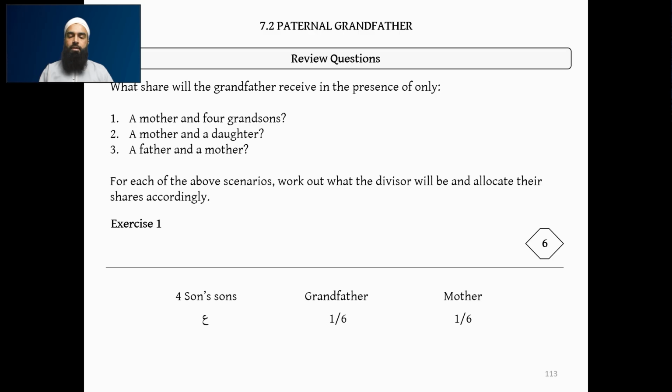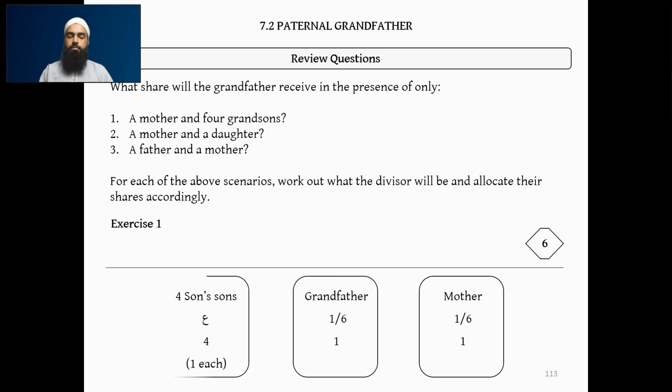We give mother 1/6, grandfather 1/6, which is 1 for each, and the remaining 4 go to the sons. They divide that 1 each between them all, and the total is 6.